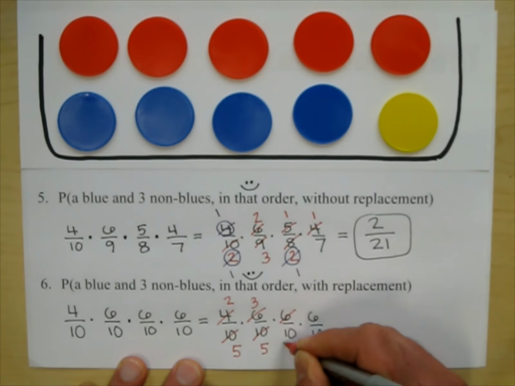I want 2 blues, and I'm going to choose them from 4 blues, so it's going to be 4 choose 2. I'm going to look these up on Pascal's triangle. 4 choose 2 is 6. 10 choose 2 is 45.